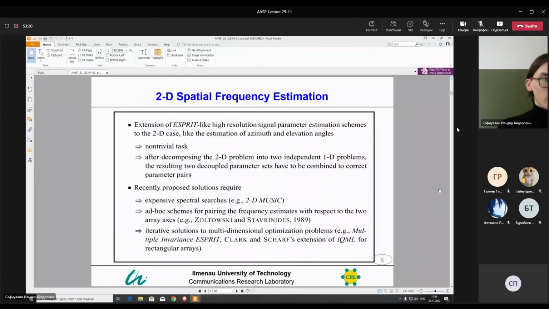Next, we have this 2D MUSIC algorithm, which is an expensive spectral search, then ad hoc schemes, and these ESPRIT type algorithms for multiple invariant space.